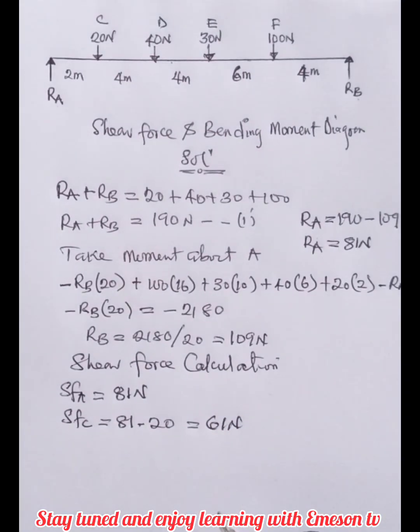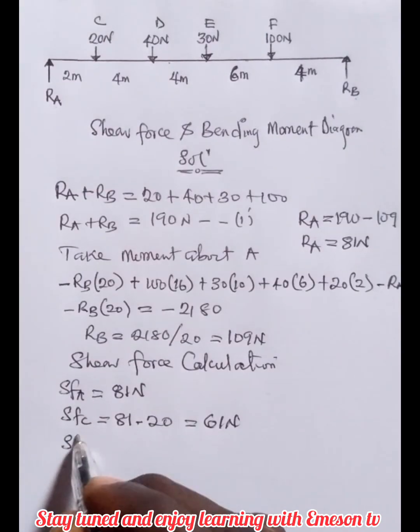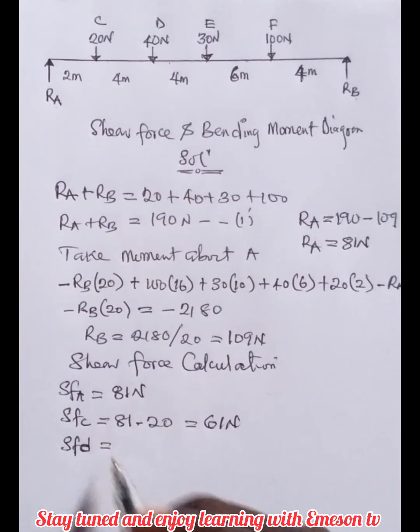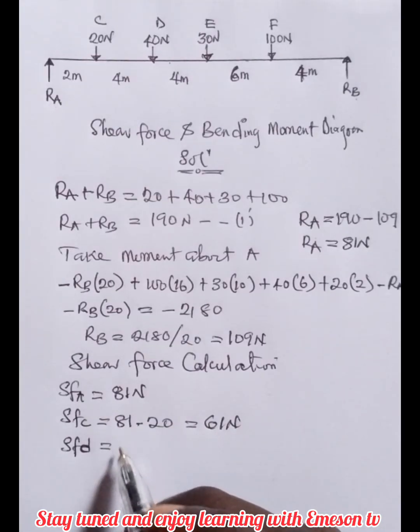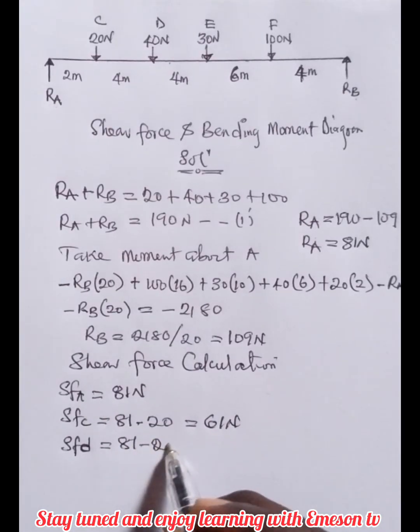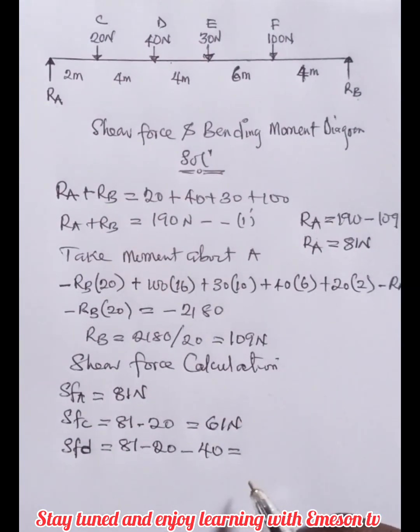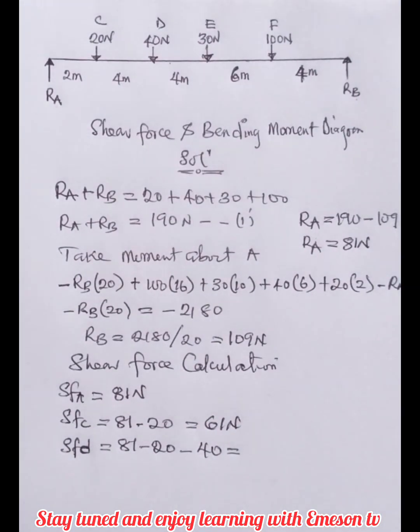That is the shear force at that point. The shear force at point D is equals to 81 minus 20 minus the next force, which is 40, which is giving us 21 Newton.